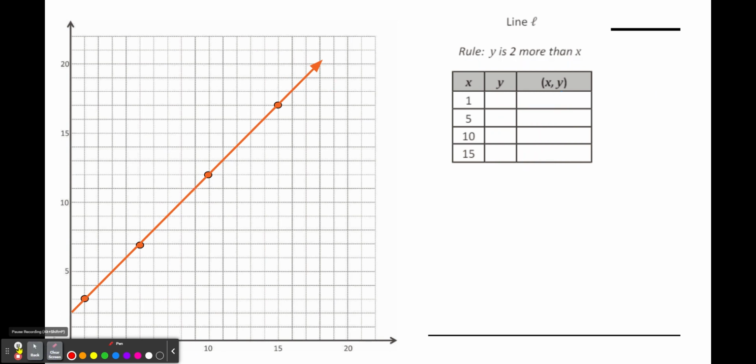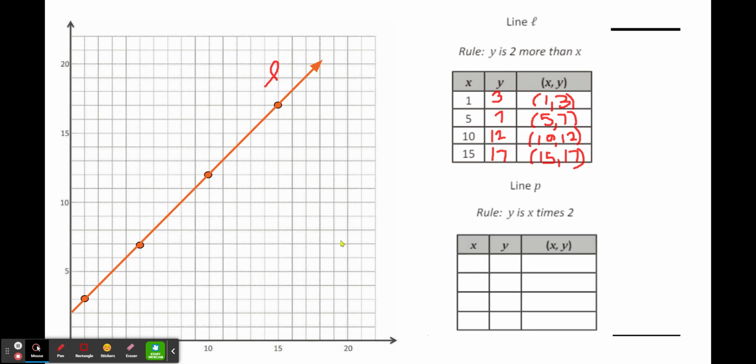Now, let's do this with one more line, but we have a different rule. So our rule for this one is that y is x times 2. So that means any time that we have an x value, we need to multiply by 2. So let's take a look at our first x value, 0.